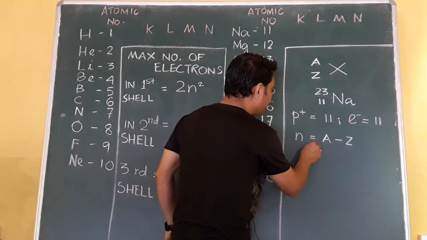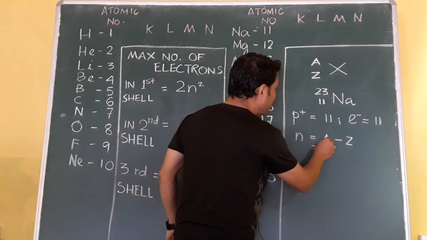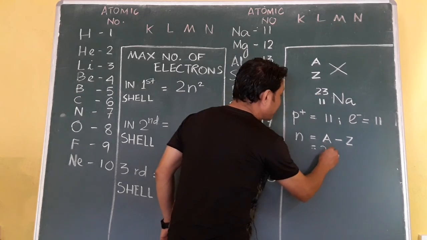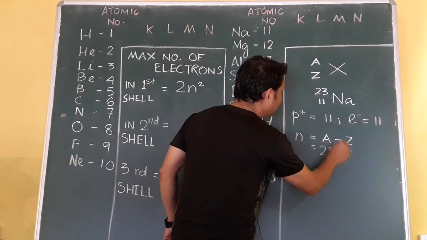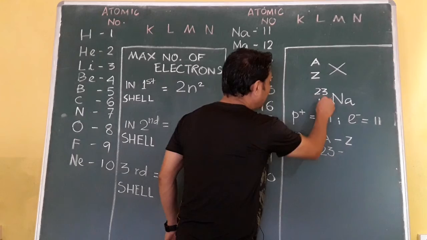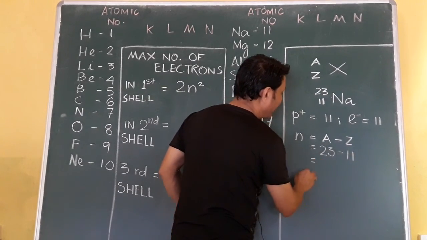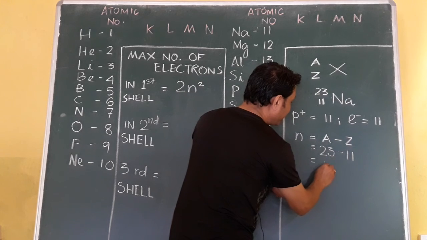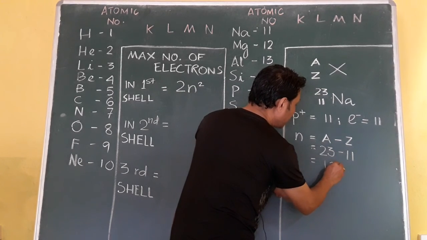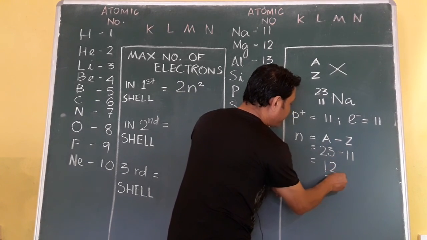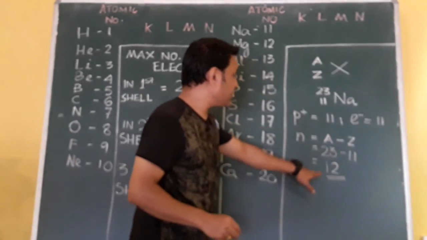So in case of sodium, the atomic mass is 23, the superscript, and the atomic number is 11. So when we subtract it, the number of neutrons in an atom of sodium is 12.